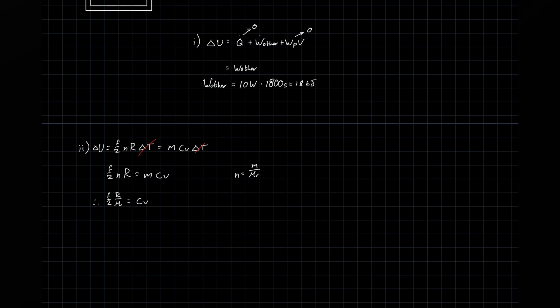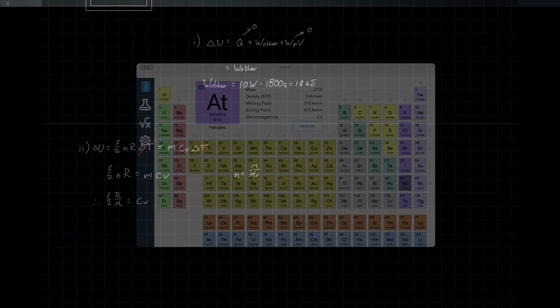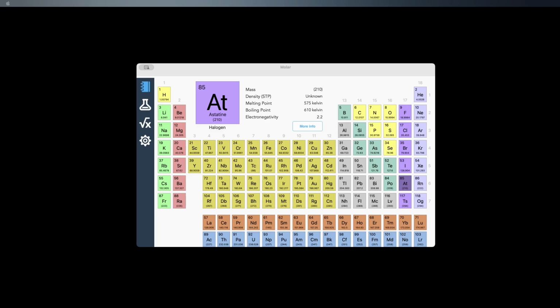So now we need to figure out what the molar mass for helium is. For this, we're going to go ahead and have a look at our periodic table. If we look for helium, it's over here. This should be straightforward actually. We know that it's a monoatomic gas, which already tells us F. So F should be 3.